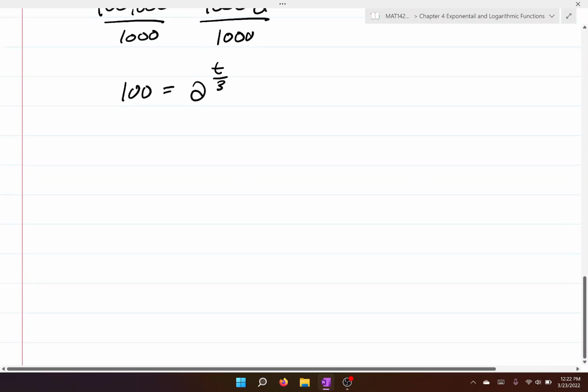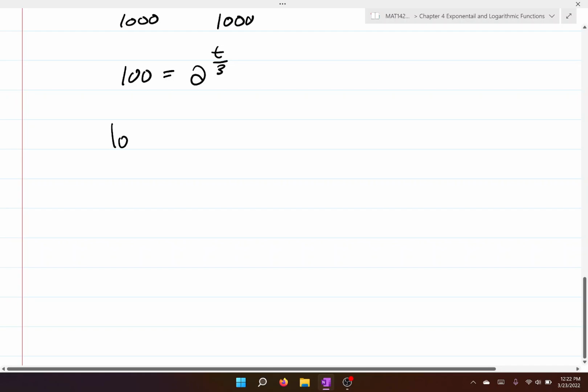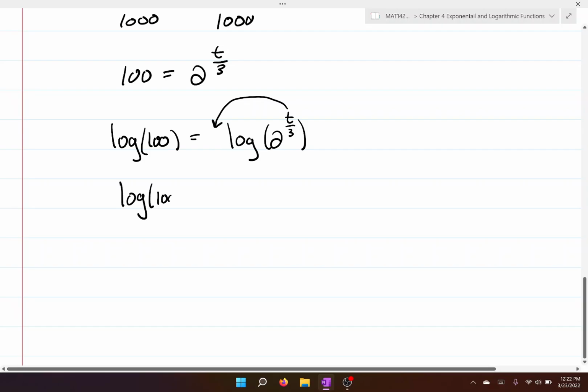So what I'm going to do is take the log of both sides. And by doing that, I can pull this T over 3 out front. So we get the log of 100 equals T over 3 times the log of 2.